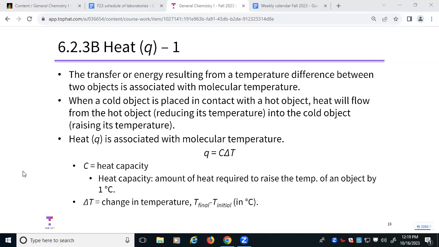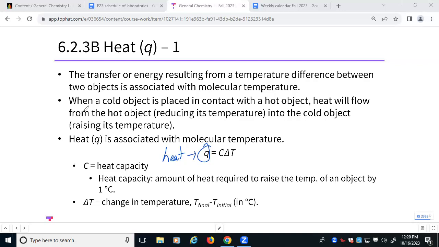We can calculate the amount of heat that is transferred using this equation. Q is our stand-in for heat, is equal to the heat capacity, C, multiplied by the change in temperature.